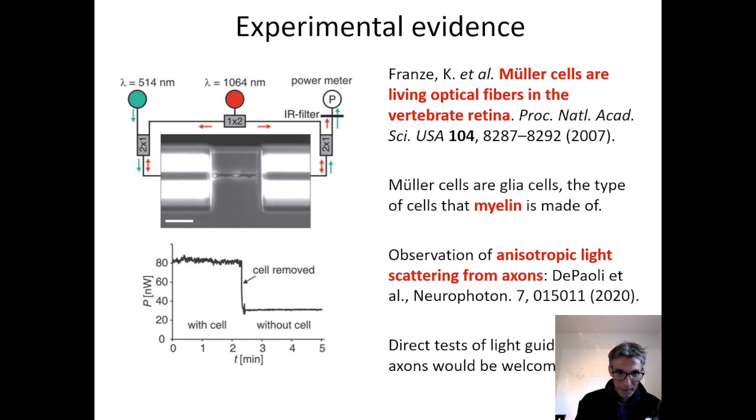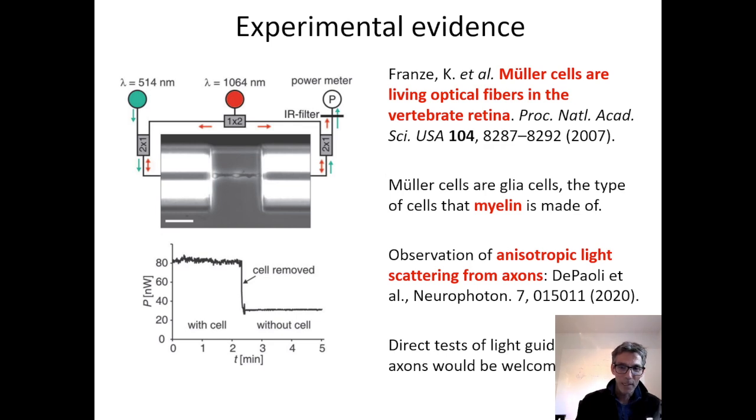Here one can see in this experiment they really showed that this cell that is trapped between two optical fibers really guides light through from the end of one fiber to the beginning of the other fiber. So it really serves as a light guide.